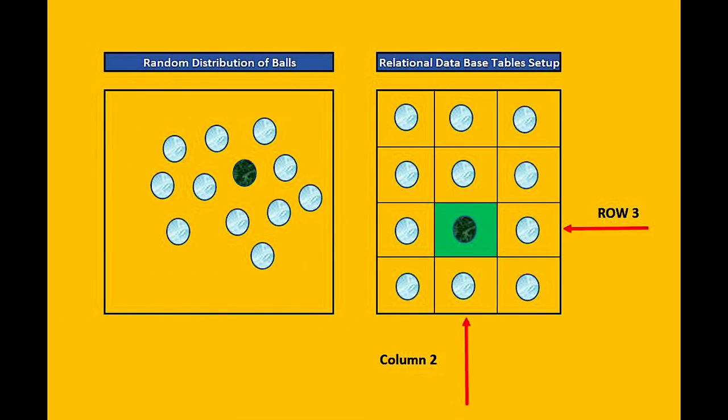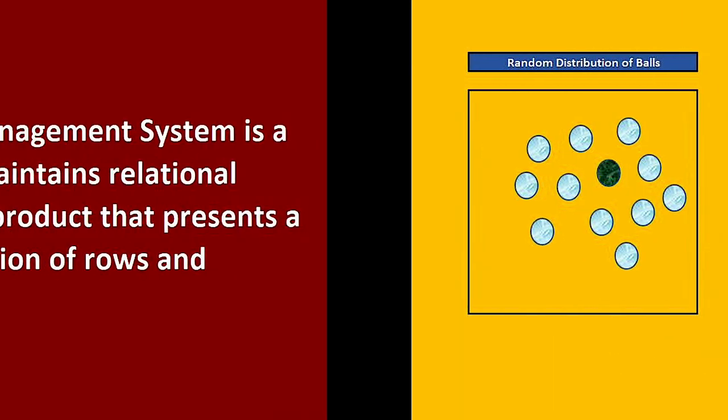Whereas when we organize them in columns and rows, it will be easy to build a logic to find the green ball by calling the relevant column and row IDs. And that's where a relational database helps, because the data is stored in a table.